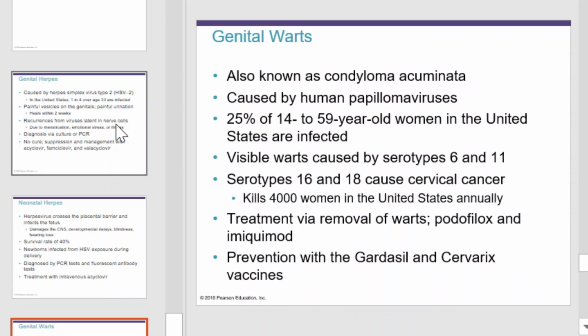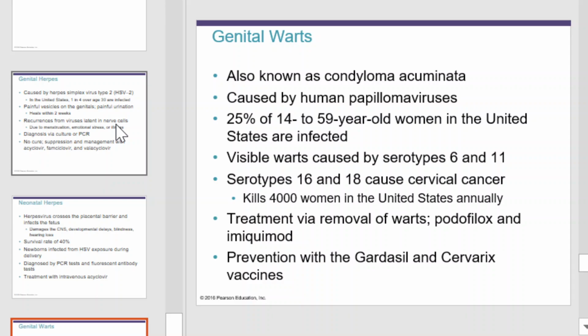Finally, genital warts. Genital warts, also known as condyloma, are caused by human papillomaviruses. 25% of 14 to 59-year-old women in the United States are infected. Visible warts are caused by serotypes 6 and 11. Serotypes 16 and 18 cause cervical cancer and kill 4,000 women in the United States annually.